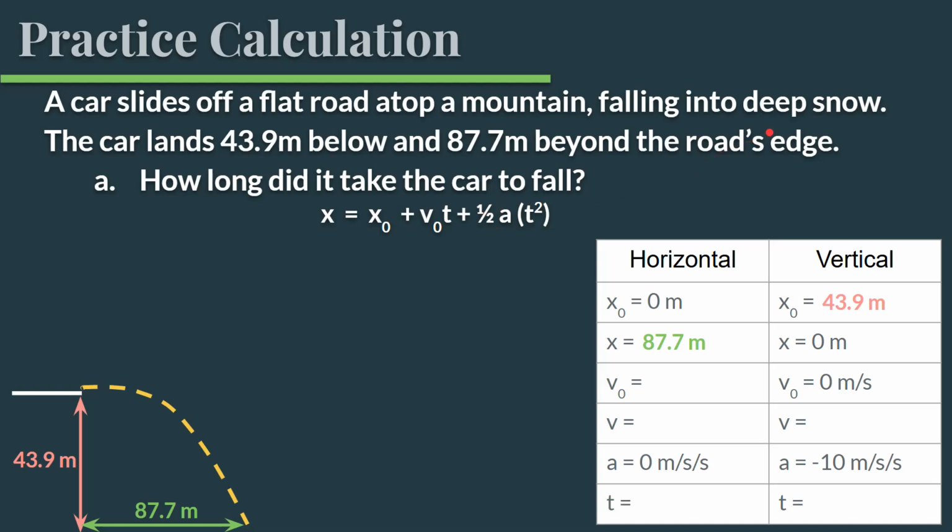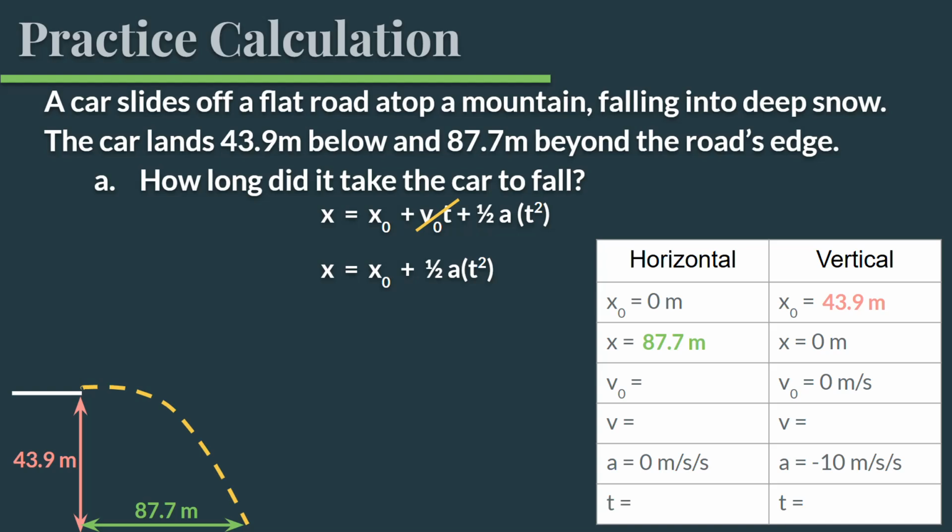Again, we're looking to solve for time, so I do want to rearrange this equation and simplify it as much as I can. First thing I can do is, because my initial velocity is 0 vertically right here, I can cross out that term because 0 times anything will be 0. All right, so that one's going to go away. That's going to make it a little bit easier to look at: x equals x naught plus 1/2 at squared. Again, I want to solve for time, so I need to get the t by itself.